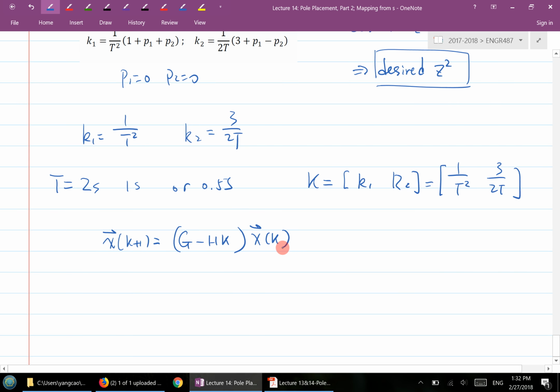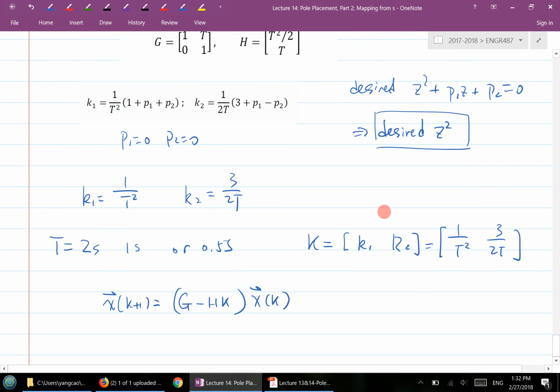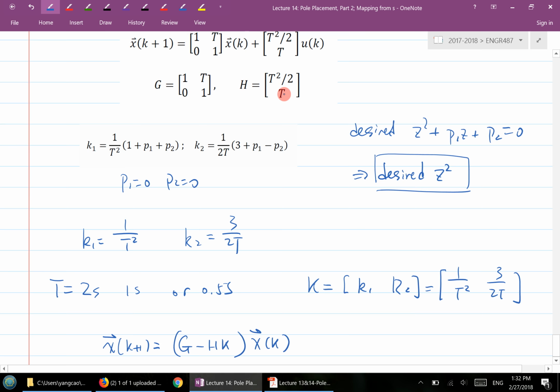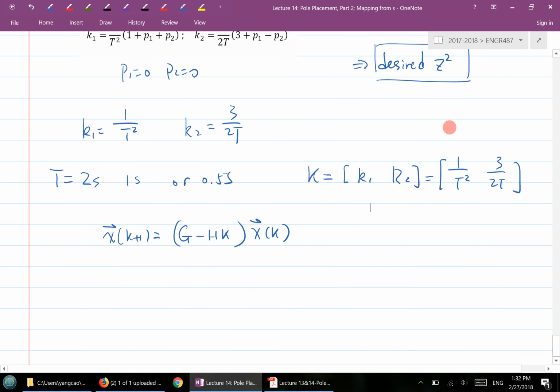G we have here, H we have here, and K we have over here. Plugging all of this information in, you get 1/2 here, 1/4 t here, negative t over here, negative 1/2 over here, times X of k. That's the closed loop system.